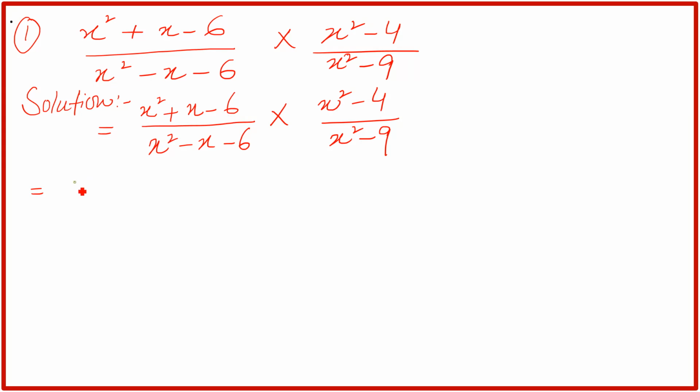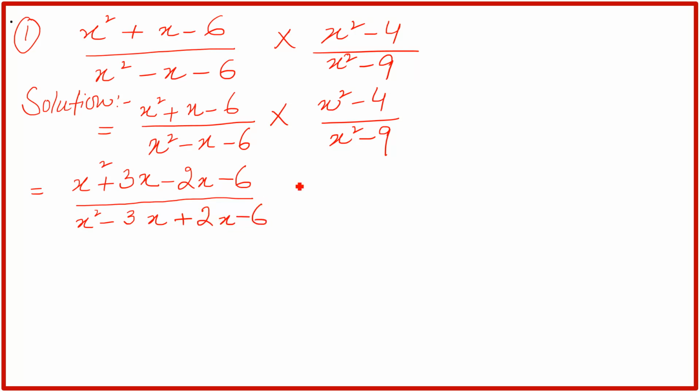No. So we will do the very basic factorization: we have to write down two terms in such a way that when we add or subtract those two terms, it should be equal to positive x, but when we multiply those two terms, it should be equal to the product of the first and last term. This is the simplest way of factorization.